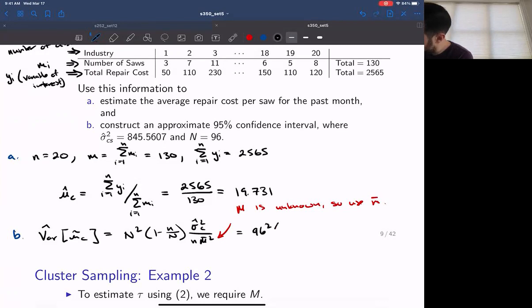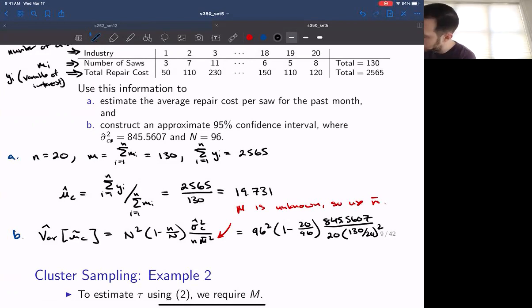96 squared multiplied by 1 minus 20 over 96 multiplied by sigma hat C, which is going to be 845.5607, and then that's divided by 20 multiplied by m bar squared, which is 130 divided by 20, squared.